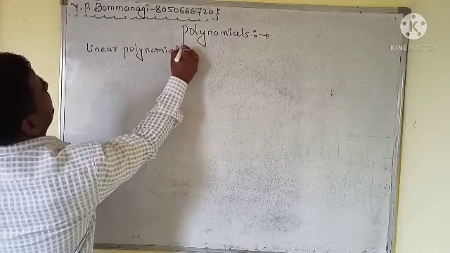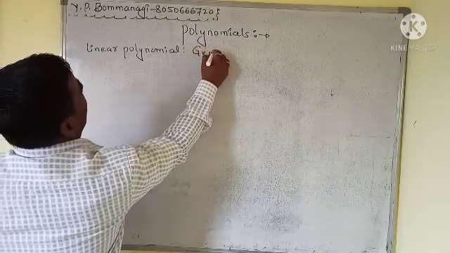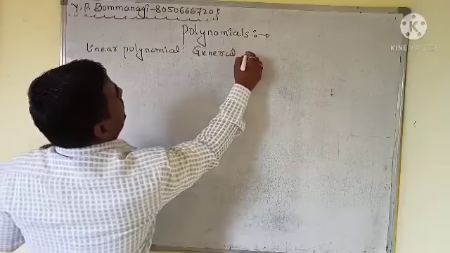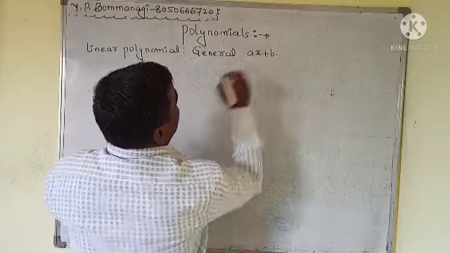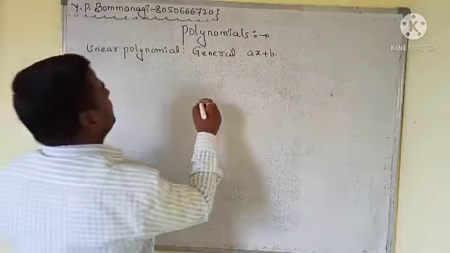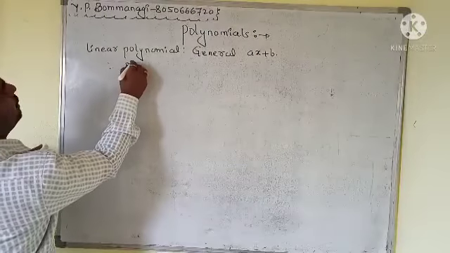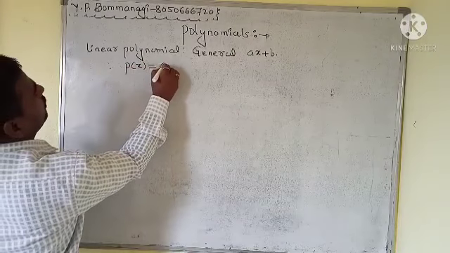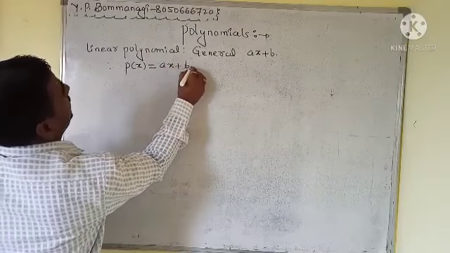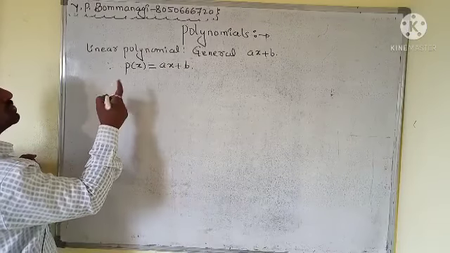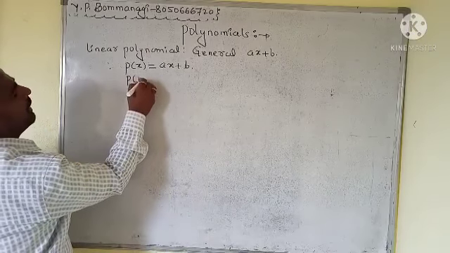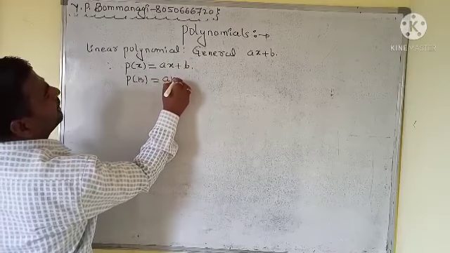That expression in general is ax plus b, right? In this expression we define p of x is equal to ax plus b. Now for a general value, p of k is a times k plus b.